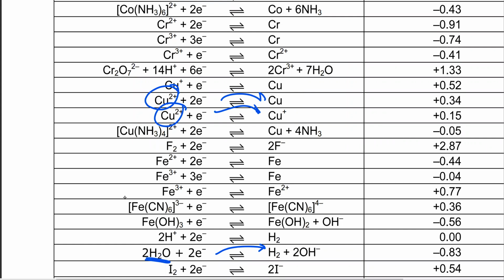This one is Cu +2 plus electrons, and they gain electrons to form copper, which is 0.34 volts. That's the first one. And the second one is copper +2 trying to gain just 1 electron and forming copper +1. And this one is 0.15 volts.